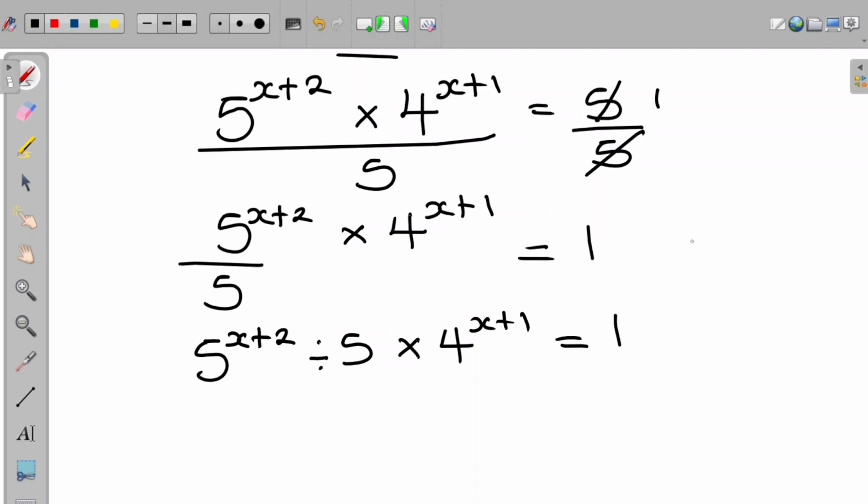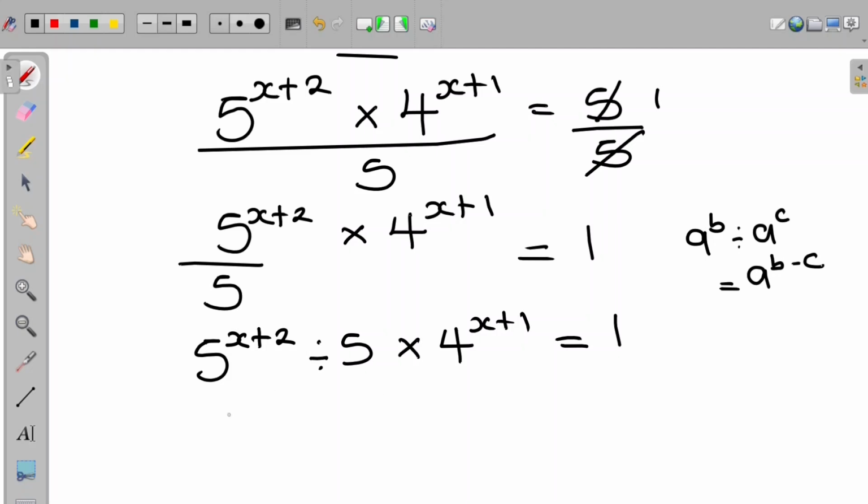So recall that in our division rule of indices, if I have a raised to the power of b divided by a raised to the power of c, this is equal to a raised to the power of b minus c.